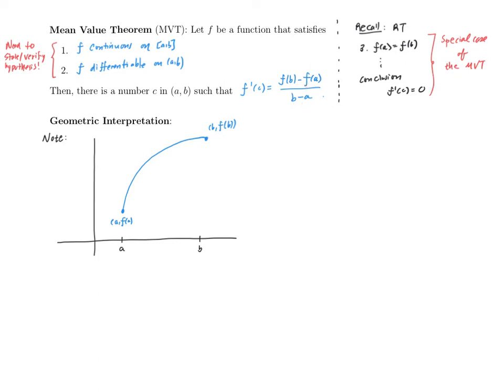What I want you to think about for a moment is this quantity, f of b minus f of a over b minus a. How does that relate to the two points, (b, f of b) and (a, f of a)? Notice, if we think about the line connecting those two points, what would the slope of that line be?